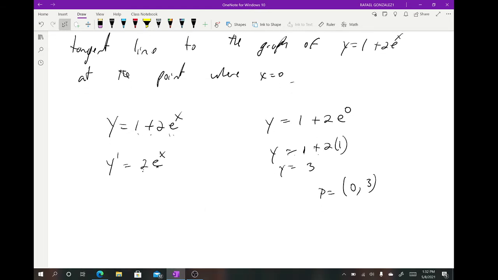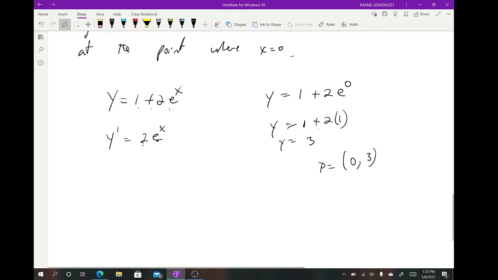The constant goes away. Now, to write down the equation of a line, we have to find out the slope of the tangent line. So remember, a line is y equals mx plus b. That's how we write a standard form of a line. To find m for the tangent line, we need to find out what the slope of the tangent line is at the point x equals 0.